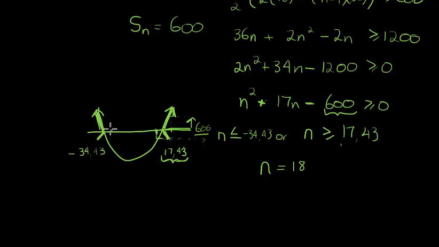This side, the negative numbers, doesn't make sense. Basically it says I should have 17.5 rows. At 17.5 rows I would have 600 chairs, but I'm not making half rows. So it would be the 18th row. I'll fill up that row with more chairs, so I'll have 18. Does that make sense? Yes. Cool. That's it. Thanks.